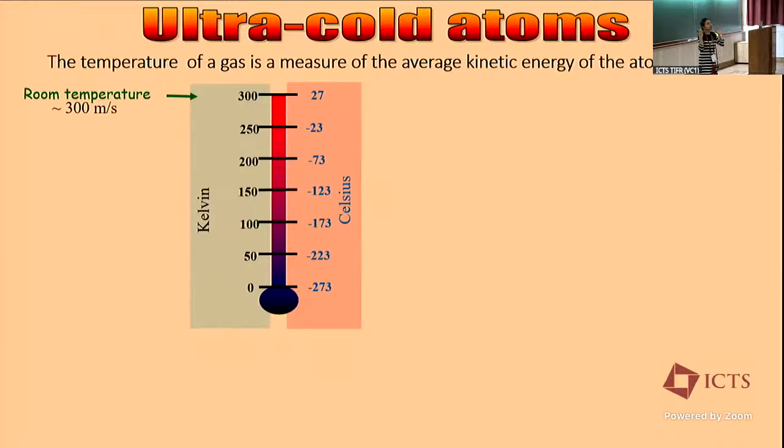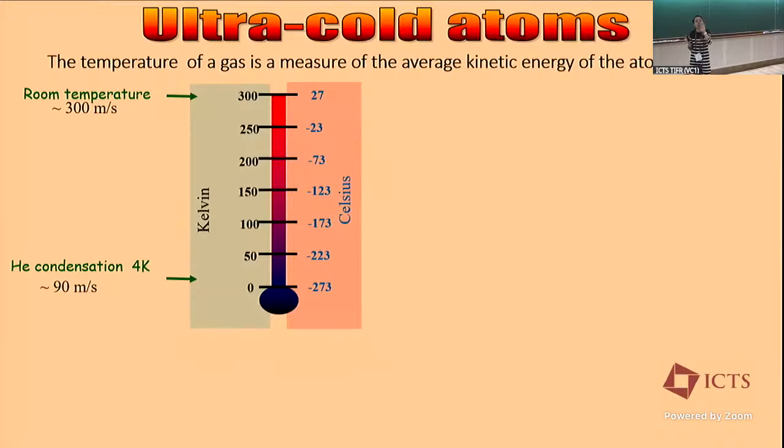And if you try to think about the coldest temperatures that you can imagine in our universe, you might think, oh, well, the temperature of outer space, which is of the order of a few kelvins. 4 Kelvin is the temperature at which helium condenses. And still, at this temperature, the atoms are moving at 90 meters per second, so too fast.